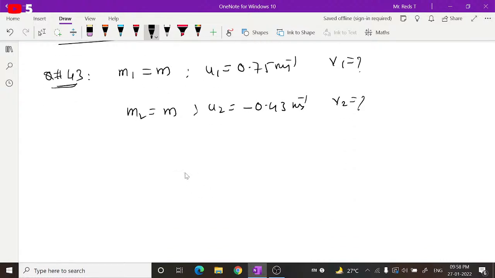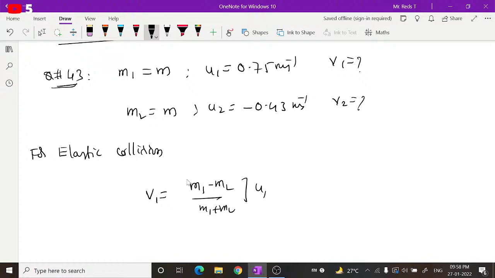So you have to substitute these values in the formula for elastic collision. For elastic collision, v1 is equal to (m1 minus m2) by (m1 plus m2) into u1, plus 2 m2 by (m1 plus m2) into u2.